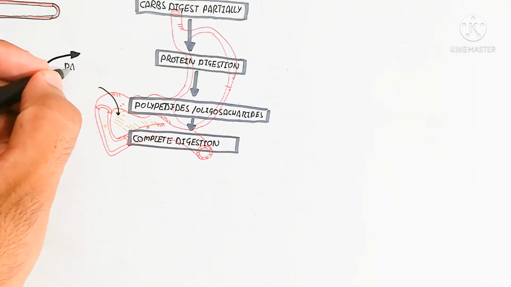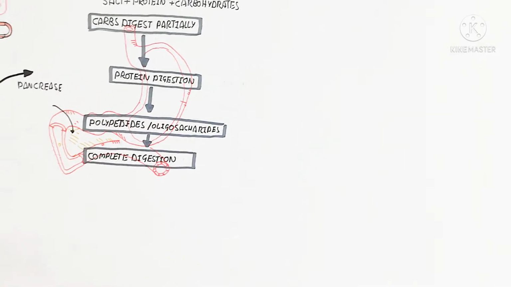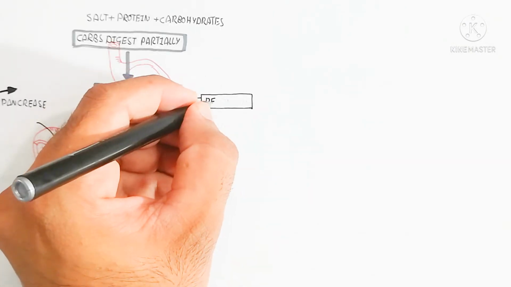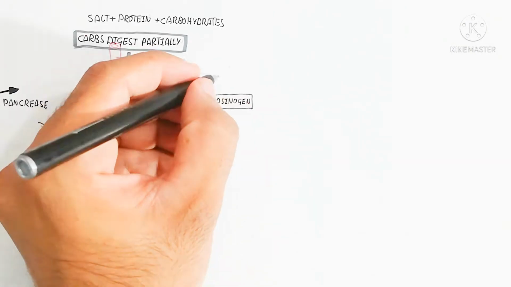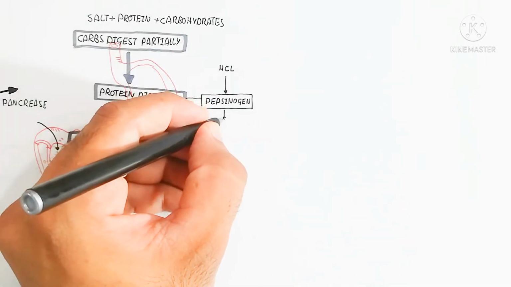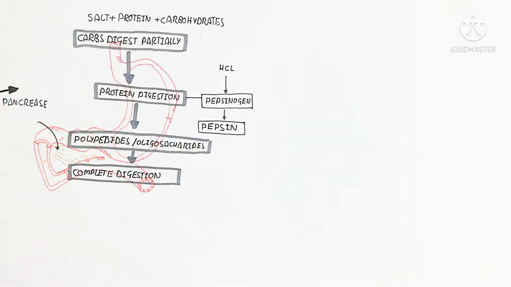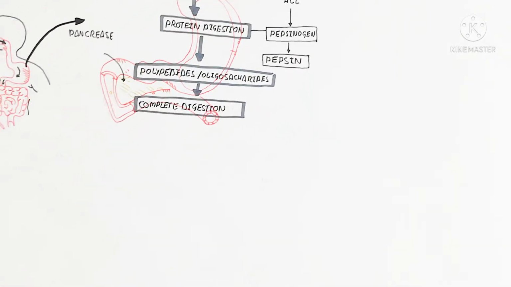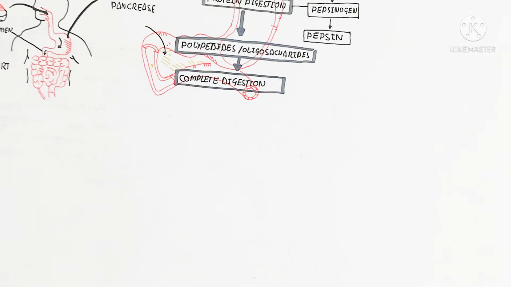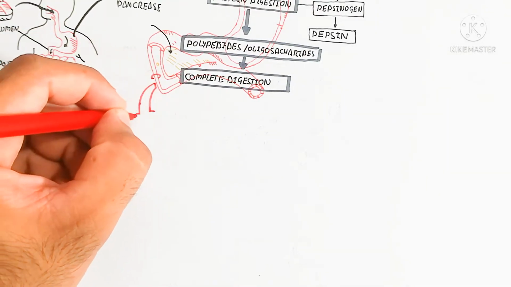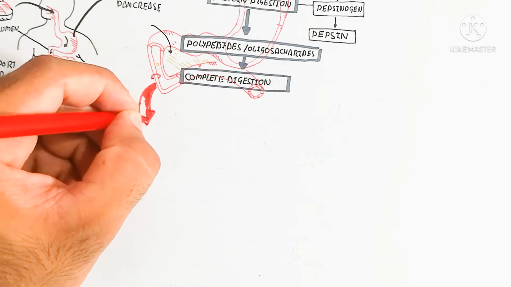Let's first understand the stomach, which produces hydrochloric acid and pepsinogen from the parietal cells and chief cells. The hydrochloric acid converts pepsinogen to pepsin, from the inactive to the active form, for digestion of protein.